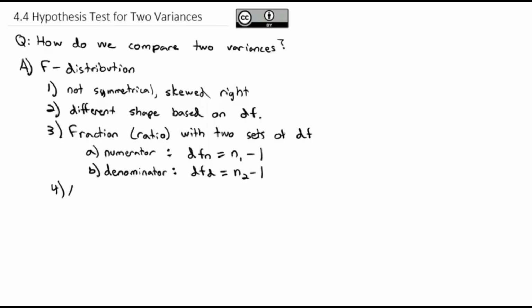And what's interesting is as the degrees of freedom get larger for both the denominator and the numerator, the curve becomes more normal.